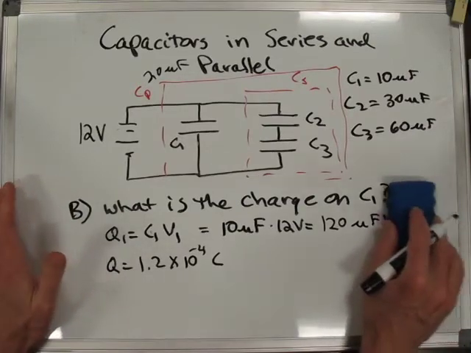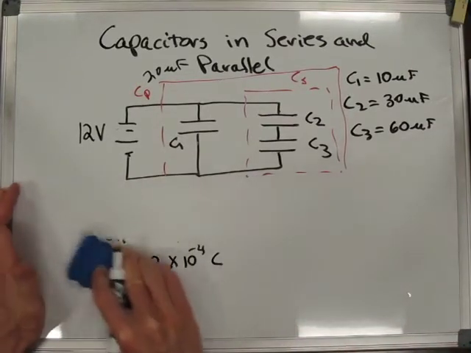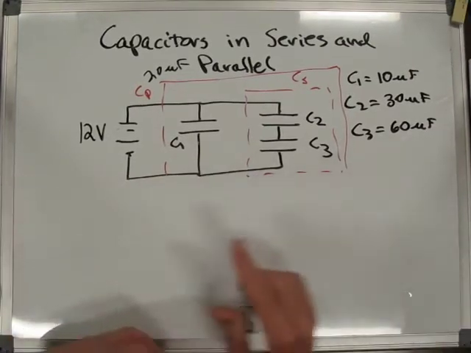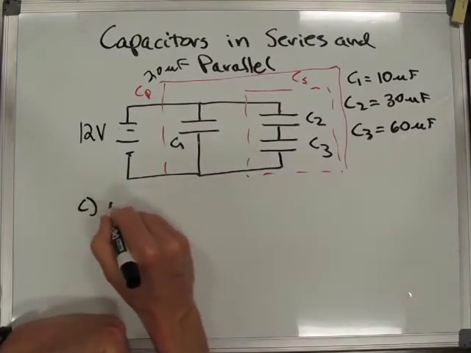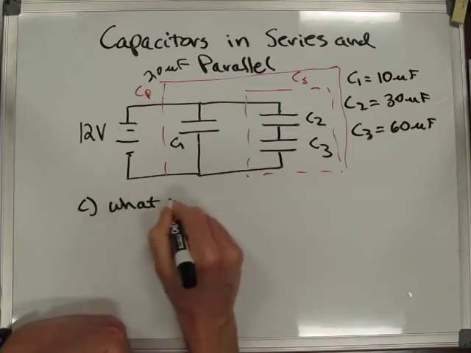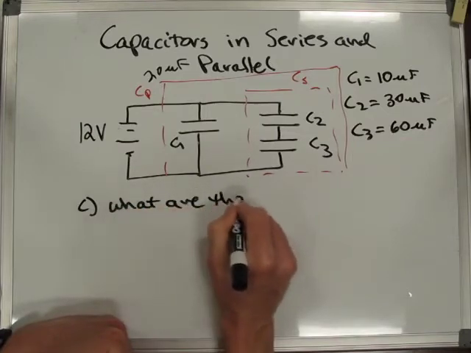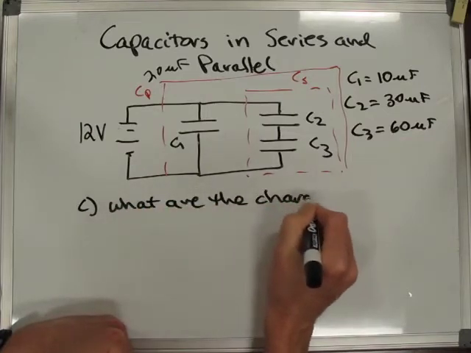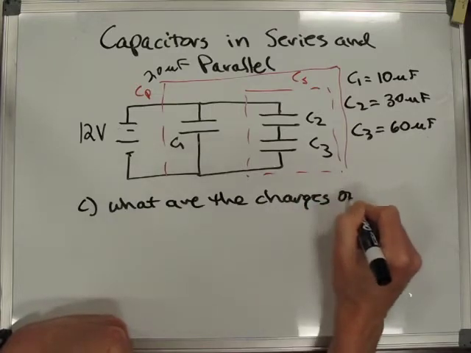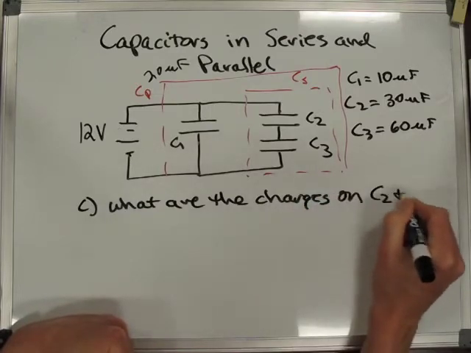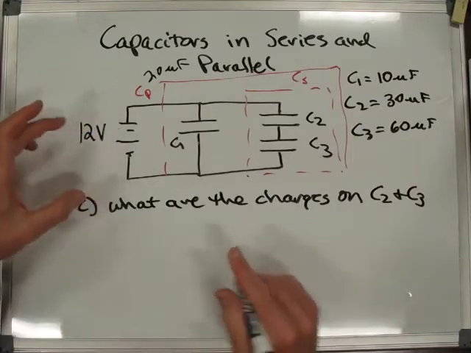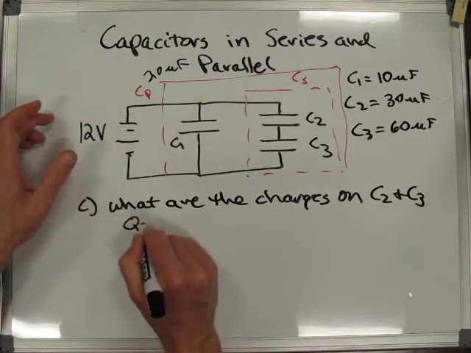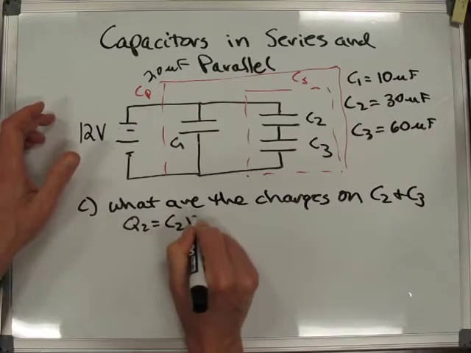So now we can say, what are the charges on the other two? This is a little trickier, because I could say Q2 is equal to C2 V2.